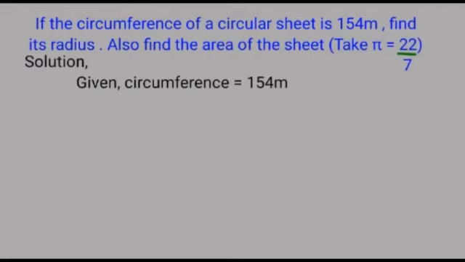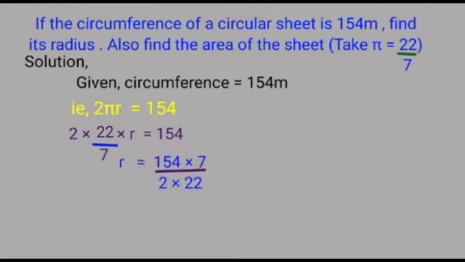So solution, given circumference is equal to 154 meter. We know that the circumference of a circle is 2 pi r. That is 2 pi r is equal to 154. That is 2 into 22 by 7 into r is equal to 154. Therefore, r is equal to 154 into 7 divided by 2 into 22.